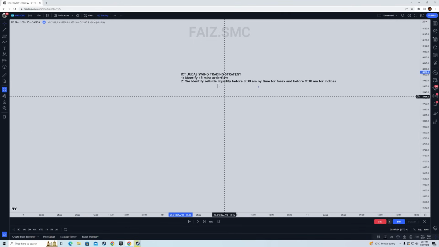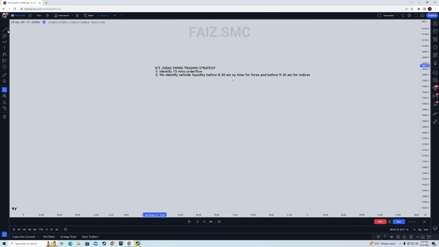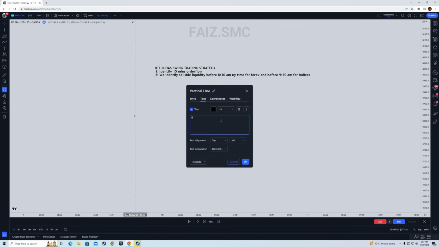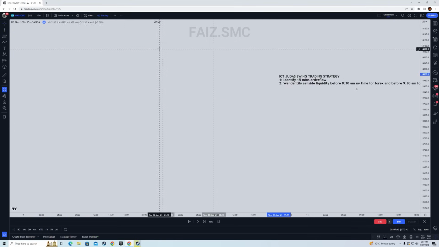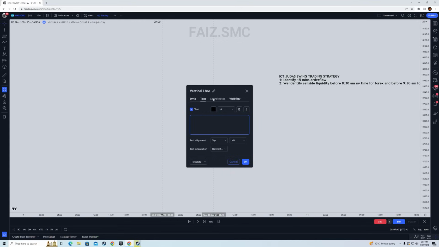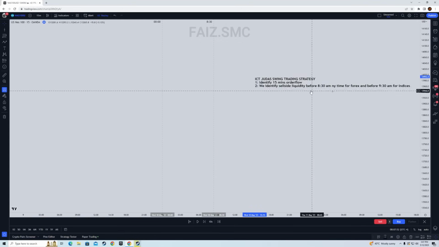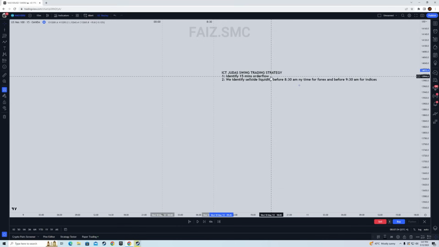Our midnight open is at 12 a.m. I'm going to give you the example for Forex. So this is the midnight open, and this is the 8:30 open. We identify sell side liquidity when the order flow is bullish, when our bias is bullish.